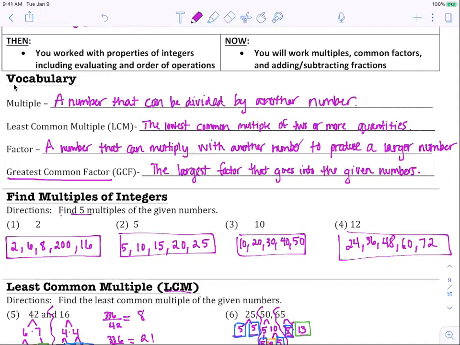Most of the times it'll just be between 2 and 3 numbers. But at some point, you're going to be working with maybe up to 4 numbers. And you're going to find the largest factor that goes into any of the numbers that I give you. So keep in mind, a lot of times we'll use GCF just to shorten it.